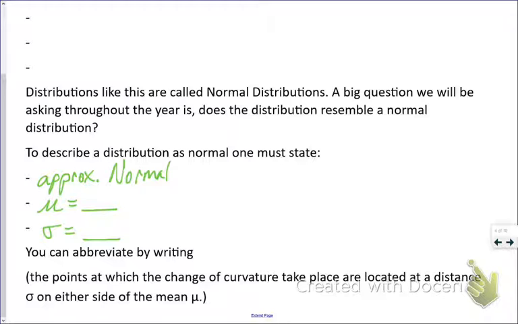You can abbreviate this by writing normal, then the mean, and then the standard deviation. You can literally write in parentheses number, comma, number. It looks kind of like a coordinate, and everyone knows the first number is the mean and the second number is standard deviation.